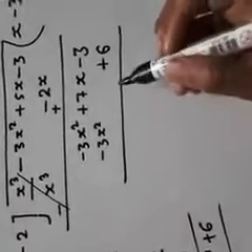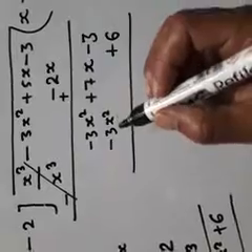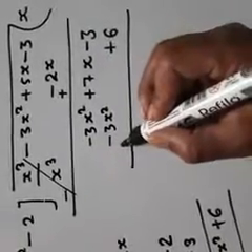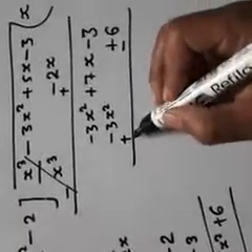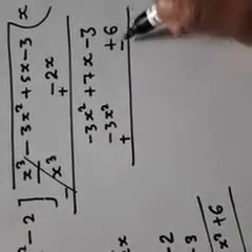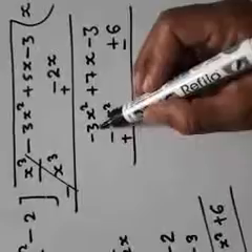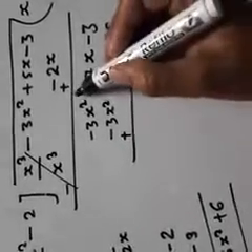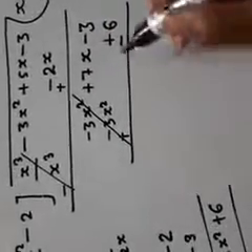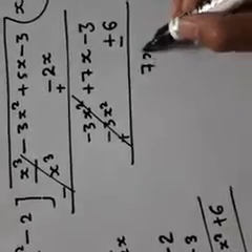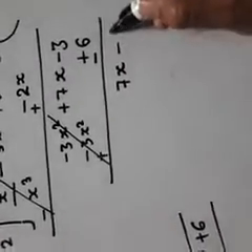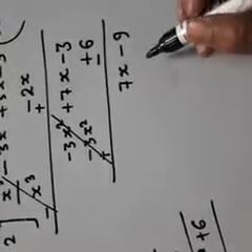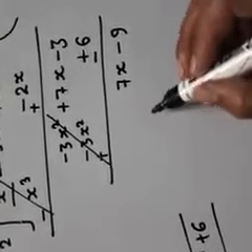Now students, again you have to subtract. When you subtract, you have to change the sign of the subtrahend. Minus 3 will become plus 3, plus 6 you have to consider minus 6. So minus 3 plus 3, both terms cancel each other. Now we have 7x and minus 3 minus 6, because both are of the same sign, they will get added without changing the sign.